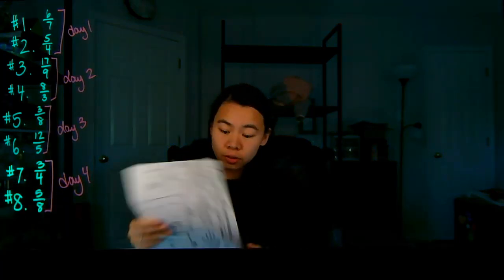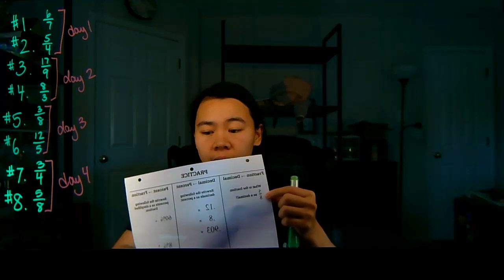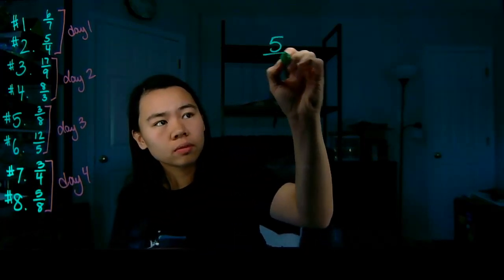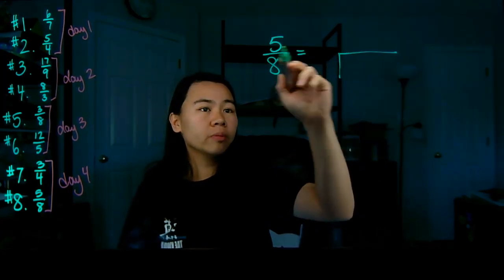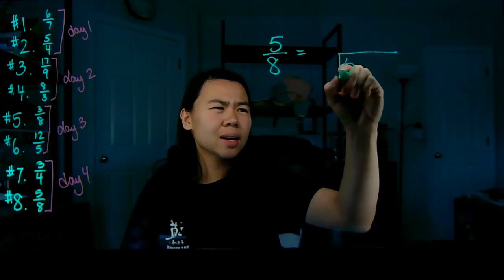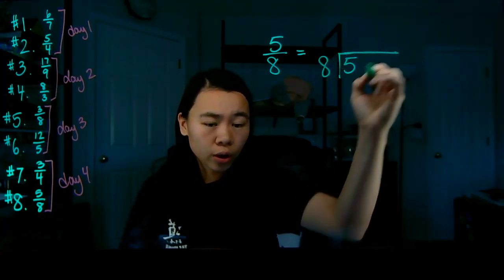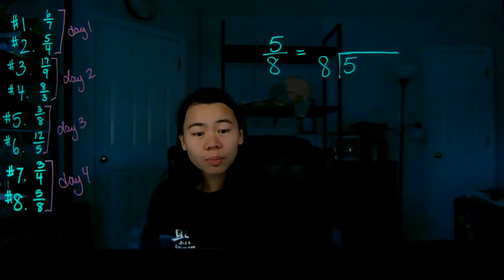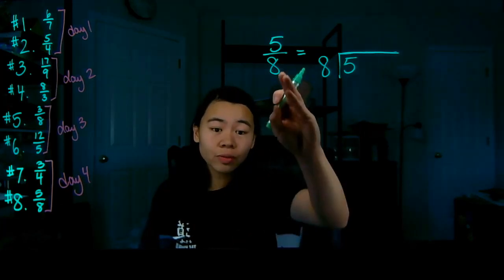Our next problem is on the back of your sheet, on the practice side, 5/8. Go ahead and set up our long division problem. 5 is what goes on the inside. It's not about what number is larger or smaller. It's about your numerator. Your numerator is what goes on the inside. This is 5 divided by 8. So we're going to list our multiples of 8, whatever you're dividing by.